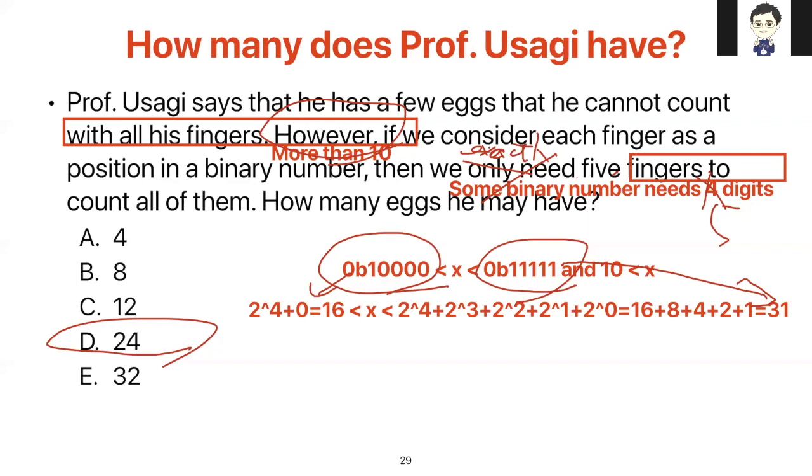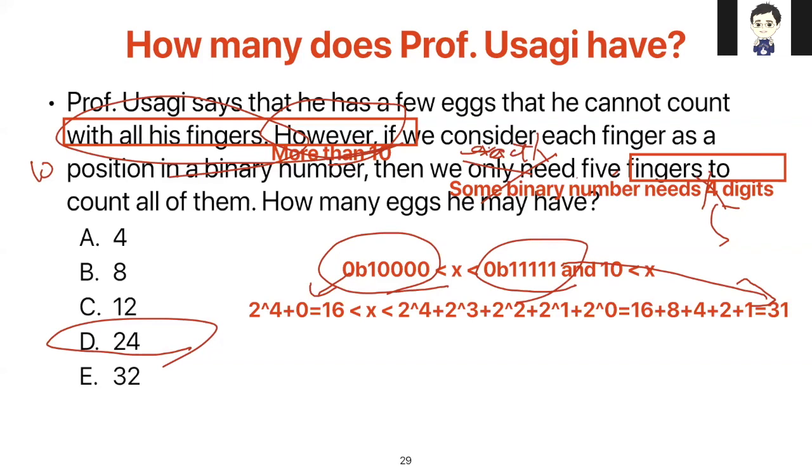All right. So Nick, do you have questions? Yeah, I had a question about the answer. Okay, so the thing is that if you use all your fingers, you can have 10, right?